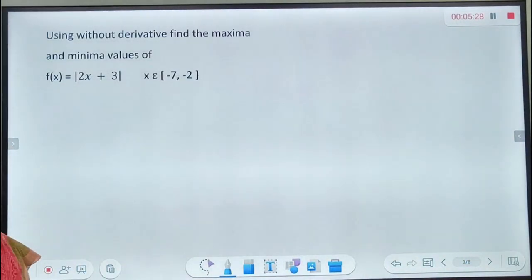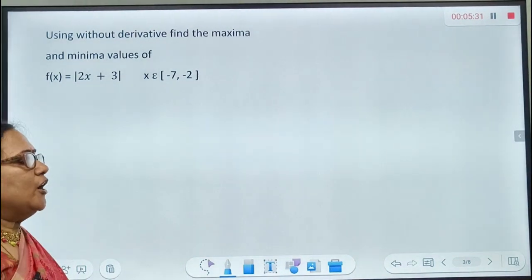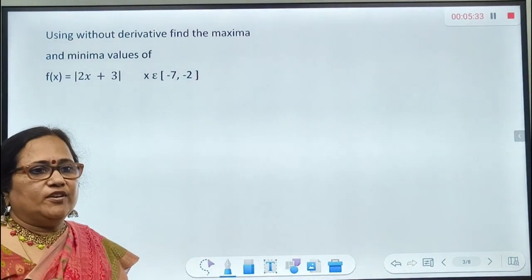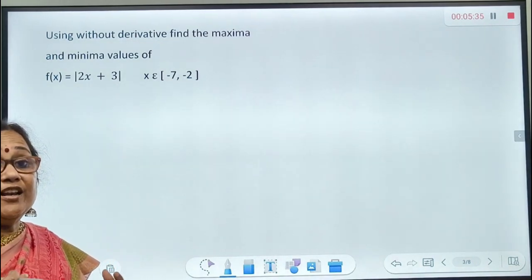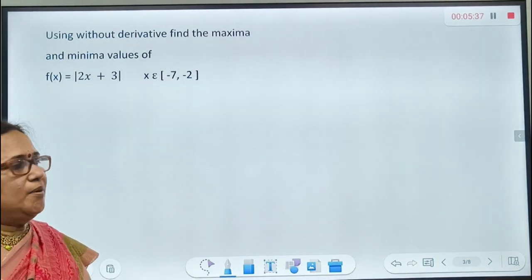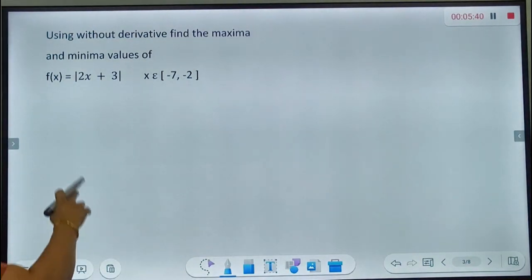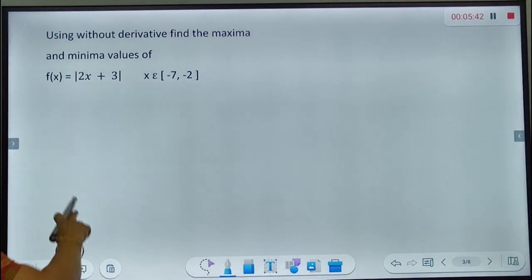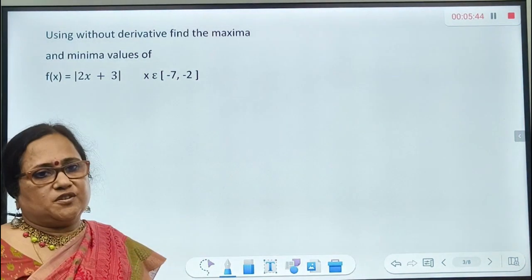Even before we explore these concepts more, I want you also to understand intuitively that we can talk about maximum value and minimum value when you are given a function like this, and I may not even need to use calculus for that.